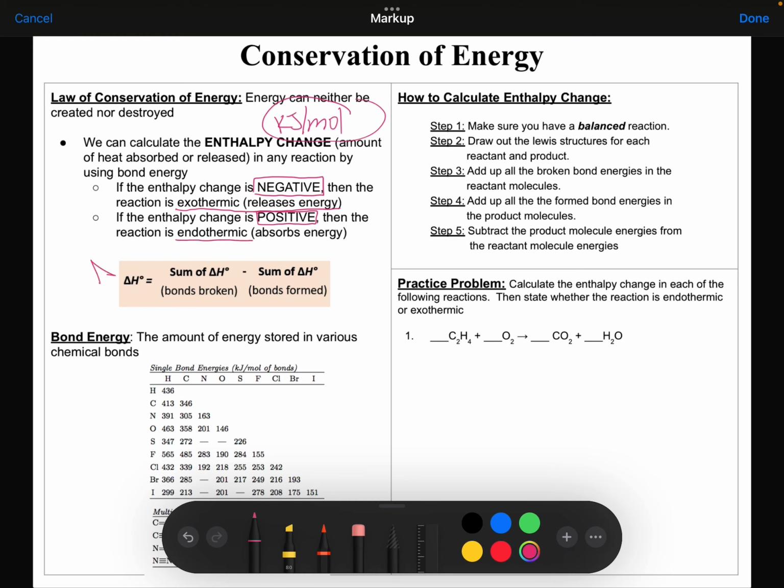And this thing right here, this is the basic formula for how to calculate enthalpy change. So we have this little triangle H over here. The triangle is the symbol delta, and that means change. H is the variable that we use for enthalpy.